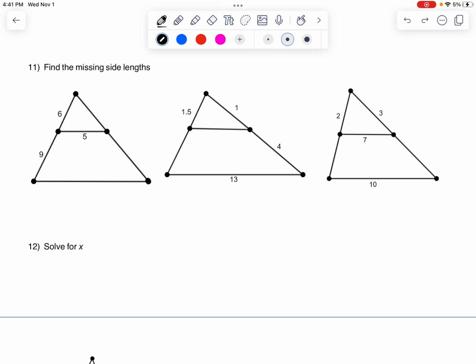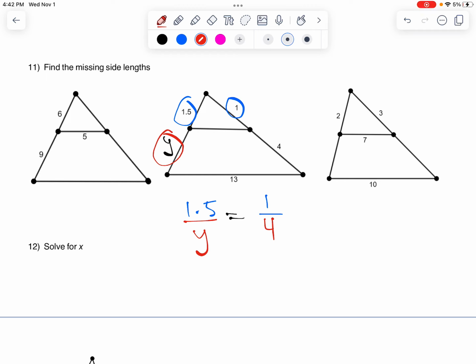Let's do this one right here. Let's solve for y on this guy. Okay, so here this one is actually more straightforward. We can do 1.5, which is that one, divided by y is equal to 1 over 4.